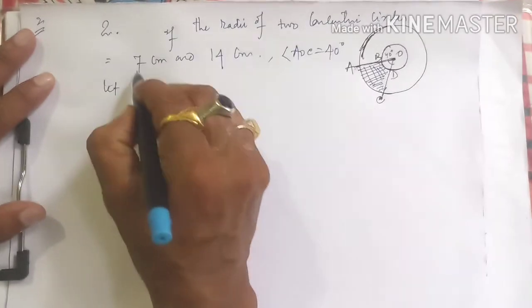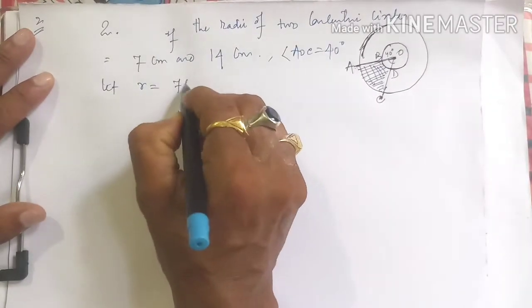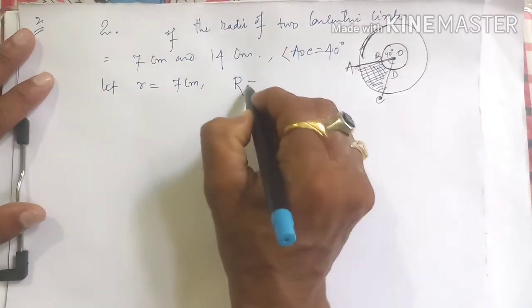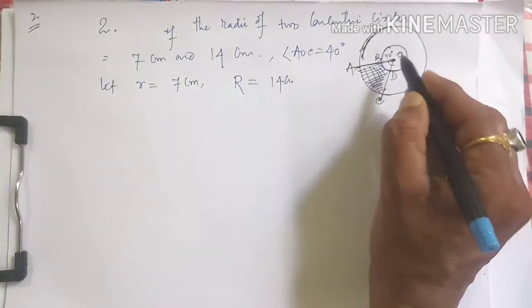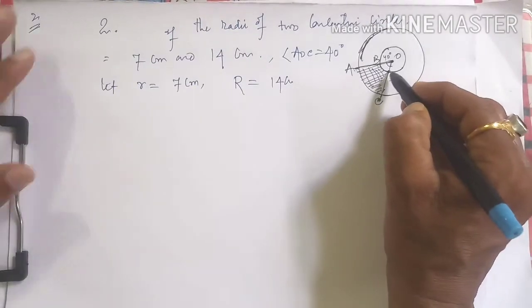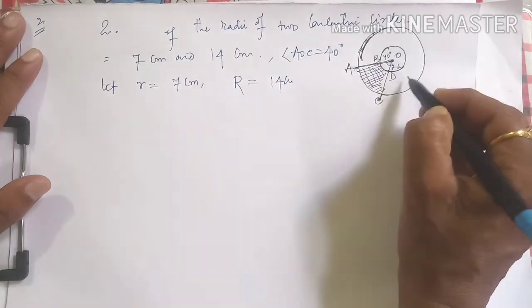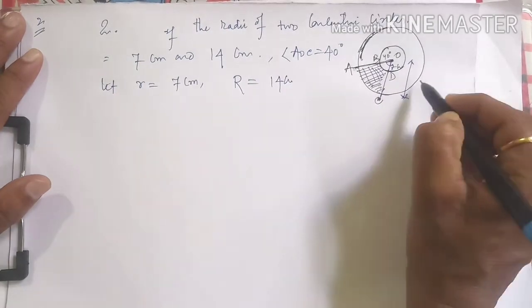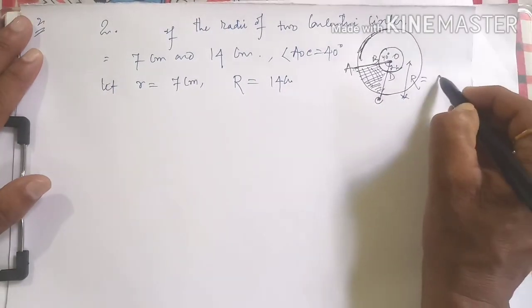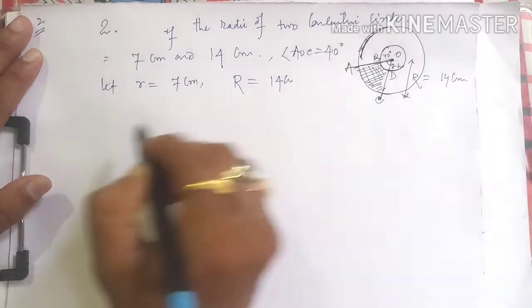Let small r is equal to 7 centimeter, capital R is equal to 14 centimeter. As here two circles, so the small r is OD, 7 centimeter, and OC, this radius I am taking here capital R, which is equal to 14 centimeter.